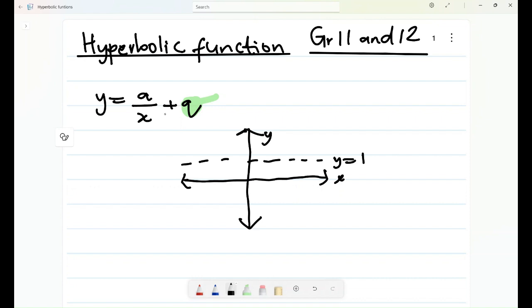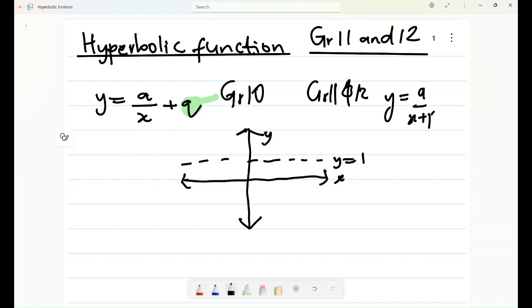This is grade 10 work, but now you are in grade 11 and 12 respectively. Remember, now you're going to say y is equal to a divided by x plus p plus q. Now we are adding a vertical shift.